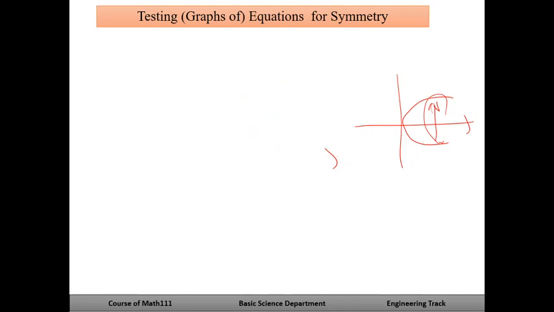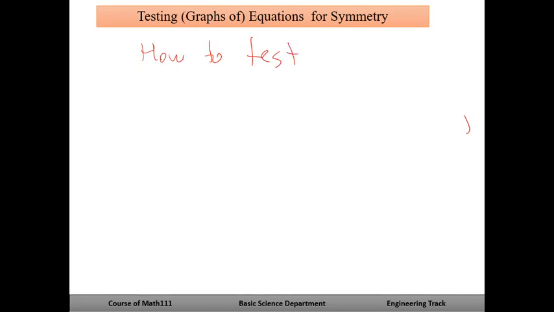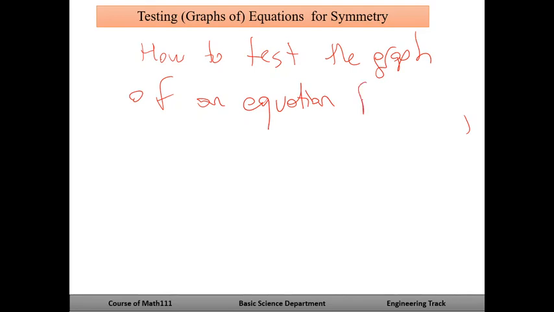But the question here is how to test the graph of an equation for symmetry.